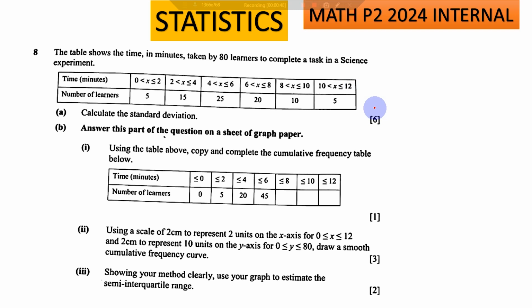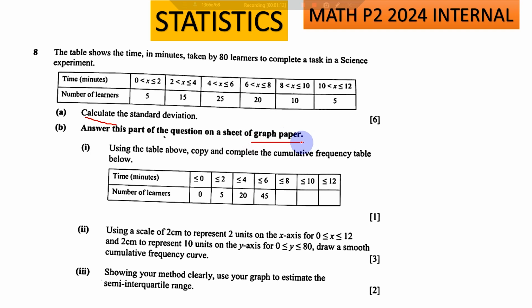Okay, so here's a question, question 8. The table shows the time in minutes taken by 80 learners to complete a task in a science experiment. So we are not interested in the standard deviation. What we're interested in is the B part of this question, which says answer this part of the question on a sheet of graph paper.